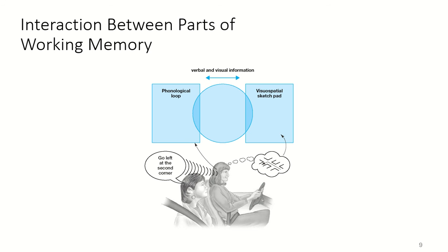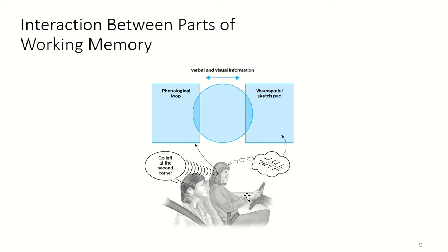Now, there are also tasks that you can do partly with one system and partly with the other. For example, if you're driving in a car and thinking about where you need to turn, and a passenger next to you says, go left at the second corner, then hearing that sound from the passenger would be processed by the phonological loop.